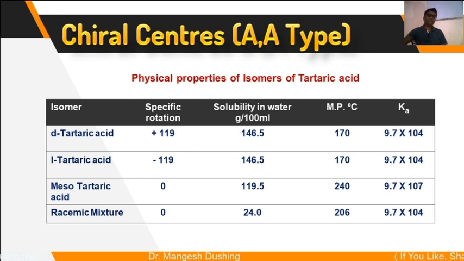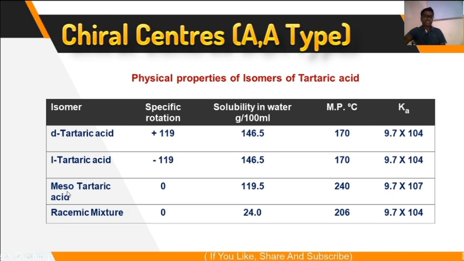If you see carefully, for D and L tartaric acid, the physical properties like solubility in water, melting point, and rate constant of the reactions are the same. So the melting points as well as solubility are the same.